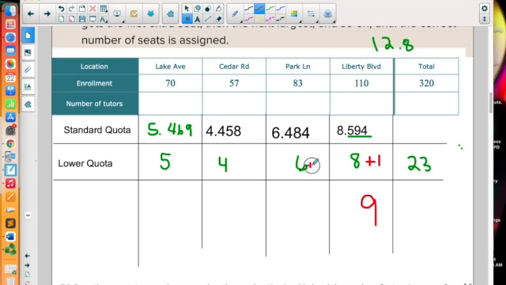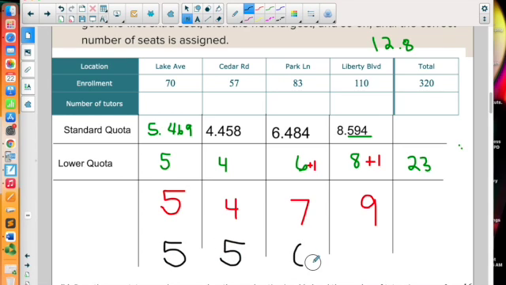Now, in adding 1 to Park Lane, Park Lane now has 7, Cedar Road 4, and Lake Avenue 5. I want to bring your attention back to the very beginning. In the very beginning, Lake Avenue had 5, Cedar Road had 5, and Park Lane had 6, for a total of 16. So the question is, did the new states paradox occur?